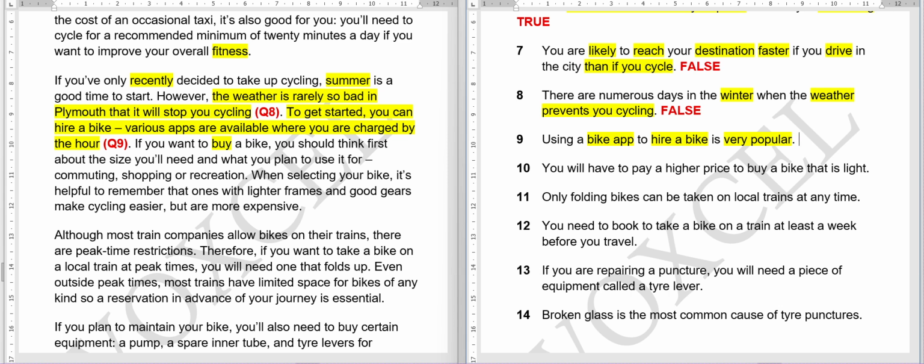Okay, time's up. Again, if you need more time, you can pause the video and continue when you're ready. And our answer is not given. I hope everybody arrived at the correct answer. If not, don't worry, I'll tell you why it is not given. Here they are saying there are various apps available that charge you by the hour, so you can hire a bike from those apps.